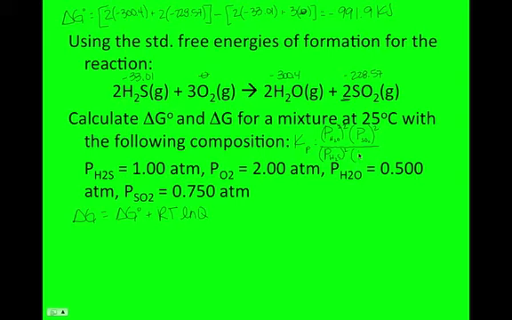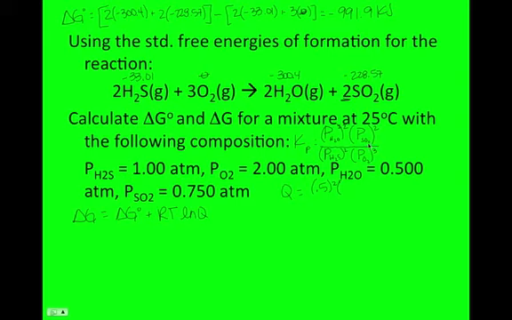And multiply that by the pressure of oxygen gas raised to the third power because it has a coefficient of 3. So Q looks just like K. You calculate it the exact same way, except instead of equilibrium pressures, we're using the pressures that we are given. So starting with my pressure of water, well, that's right here, so 0.5 squared.